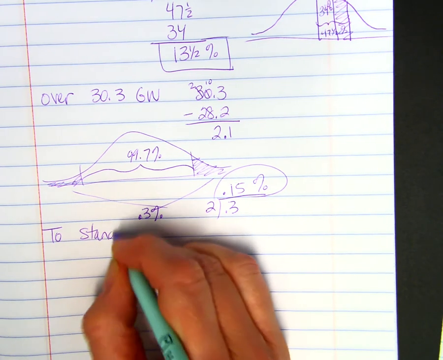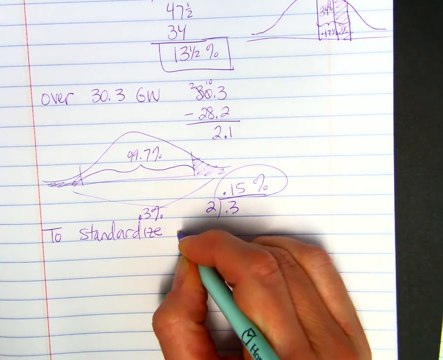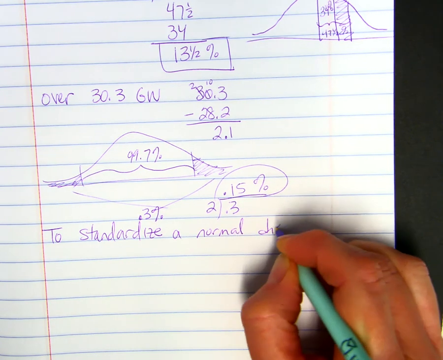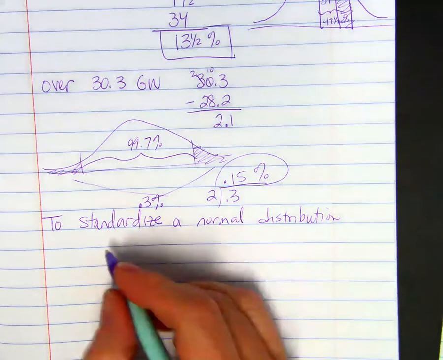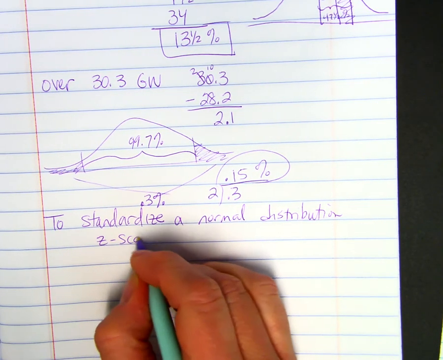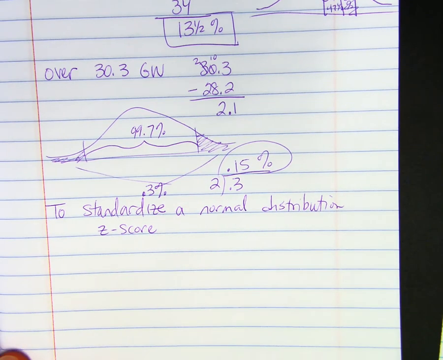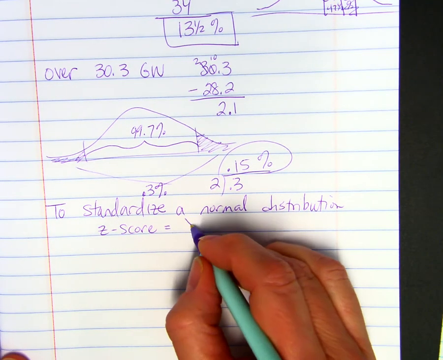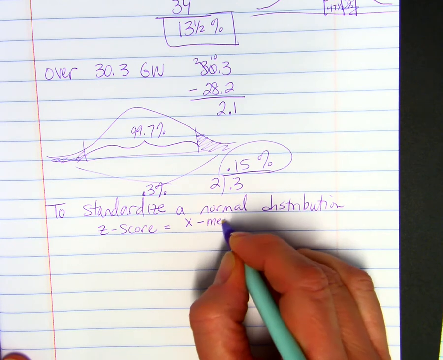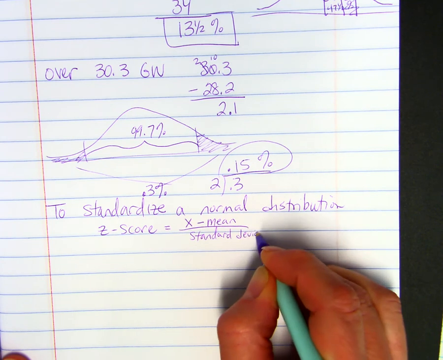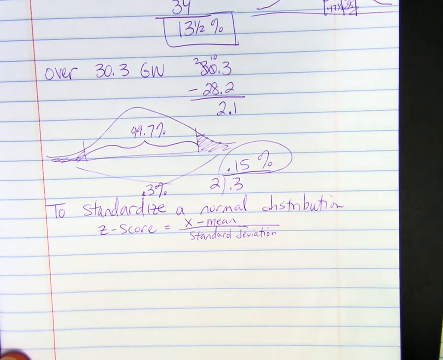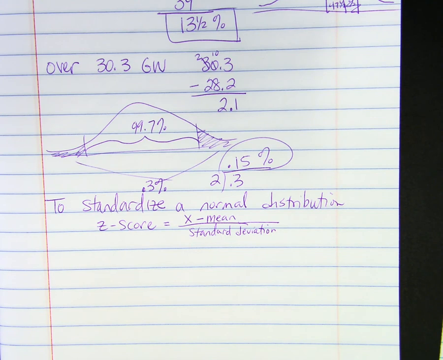To standardize a normal distribution, you take, this is called the Z-score. We just call it a Z-score. You take the value and you subtract the mean and then divide by the standard deviation. If you get a negative number, then you're below the mean. If you get a positive number, then you fell above the mean.